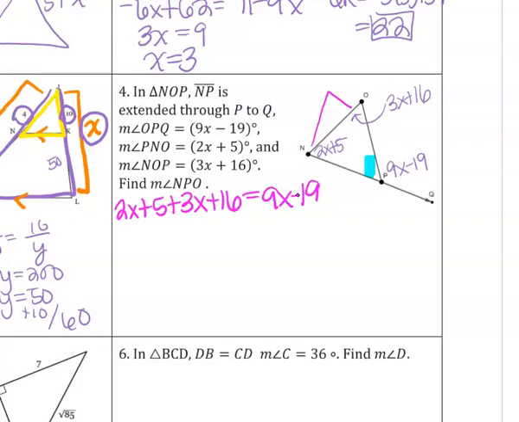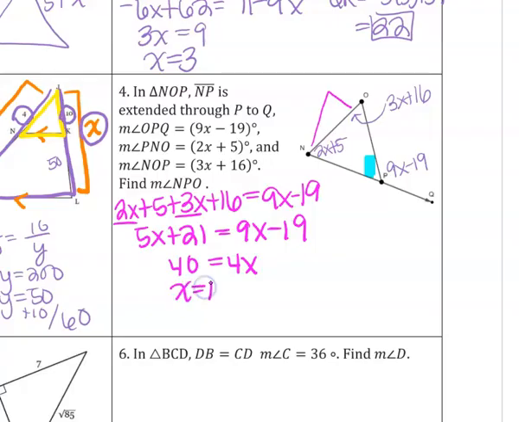And then we're cleaning up some work from there. All right, so I've got 5x plus 21 equals 9x minus 19. Subtract the 5x. Add the 19. So x must be 10.